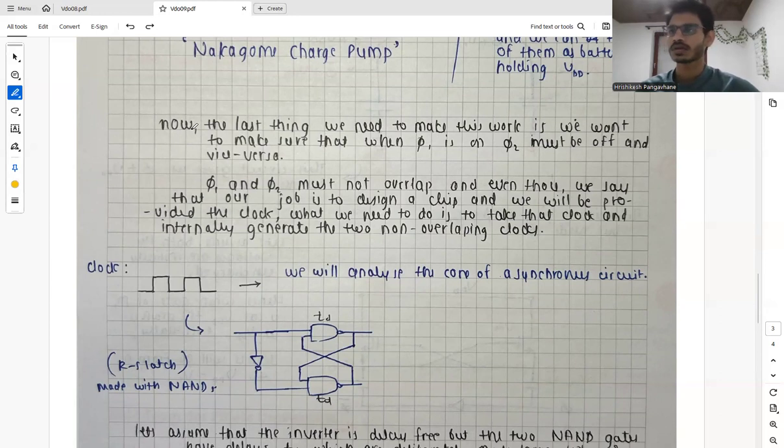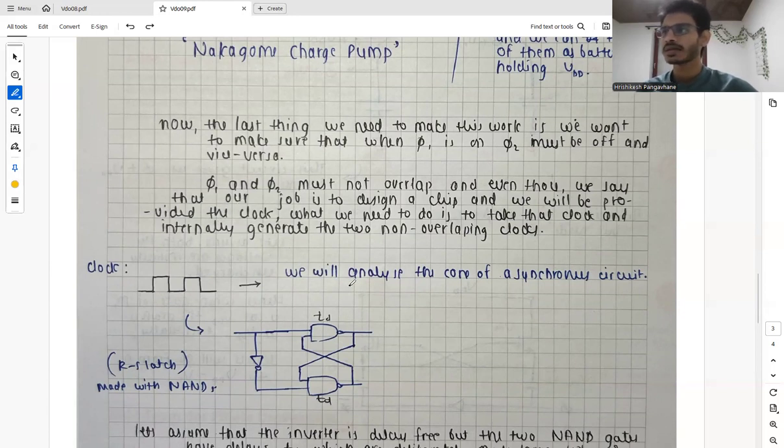So we are provided with one clock itself. This is the clock we are provided with, but internally we have to generate two non-overlapping clocks, and these two clocks should not overlap, as we looked at the reason why.